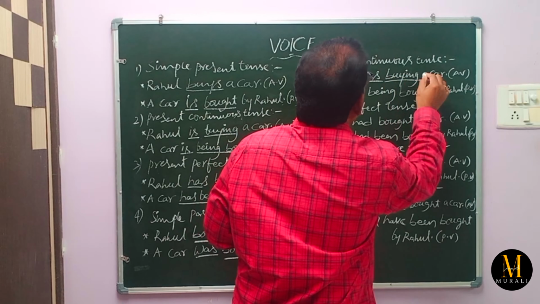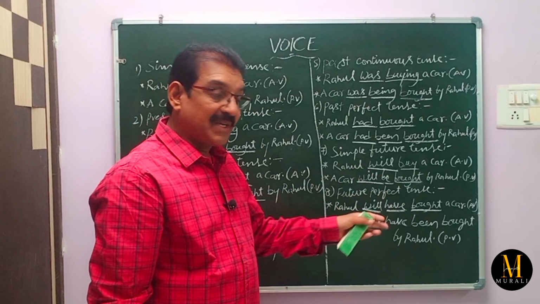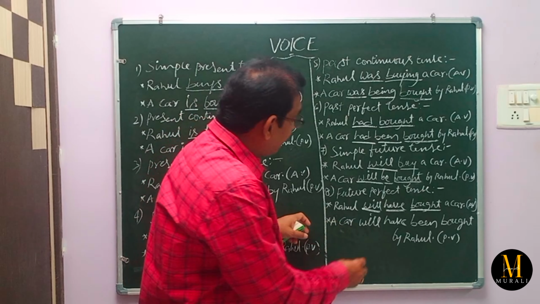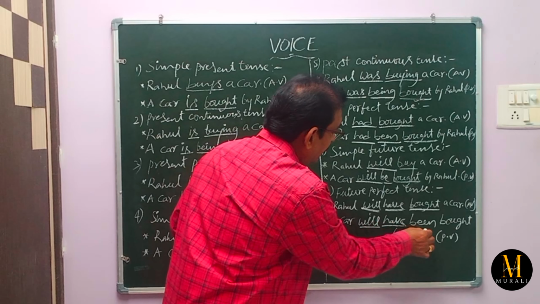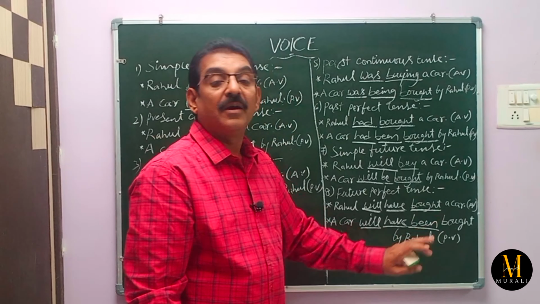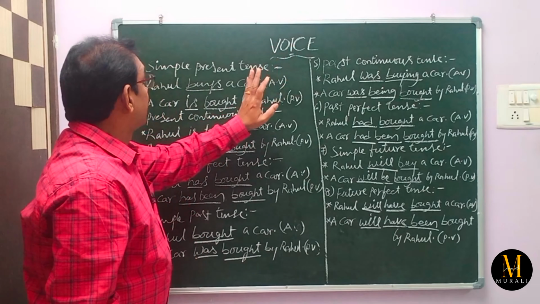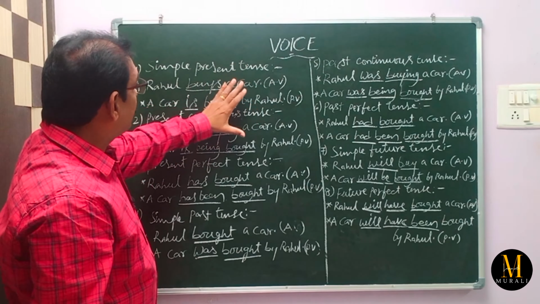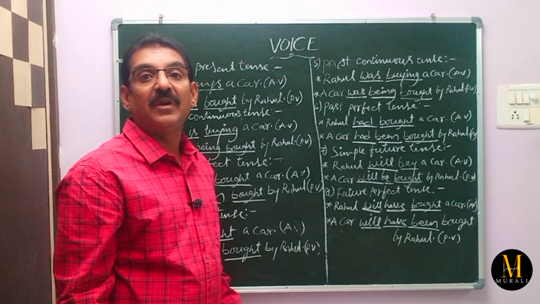Future perfect tense: Rahul will have bought a car; in passive voice, a car will have been bought by Rahul. Observe, the sentences look the same, but each tense changes differently from active voice to passive voice. So please note down and observe it very carefully.